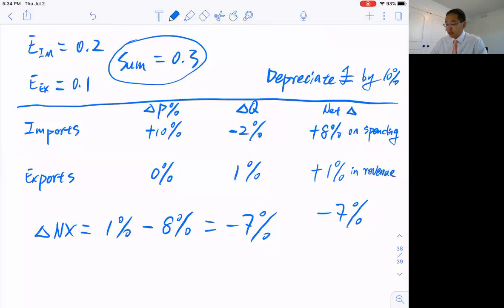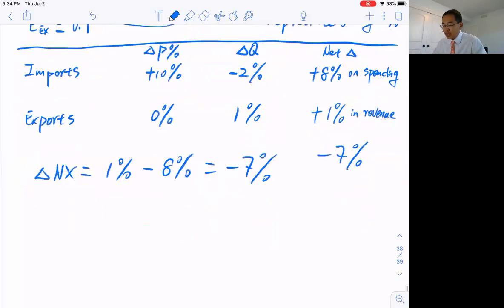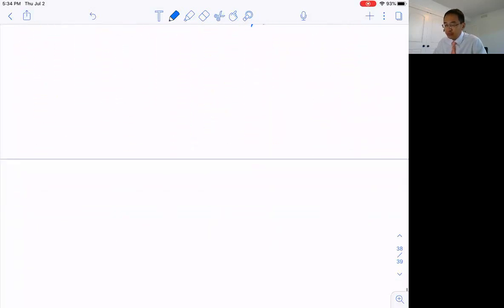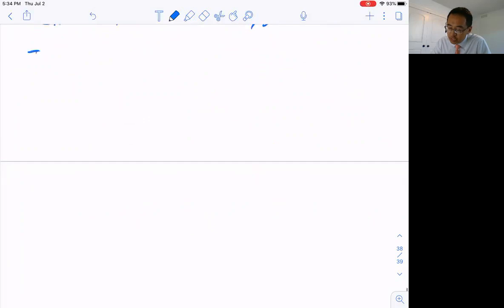All right. Now, that's how the elasticity approach works in theory, but in reality, we have what's called the J-curve effect. The J-curve effect says that when you do currency depreciation, even though the elasticity approach tells you that you will improve your trade balance, in the short run it actually hurts it before it gets improved.